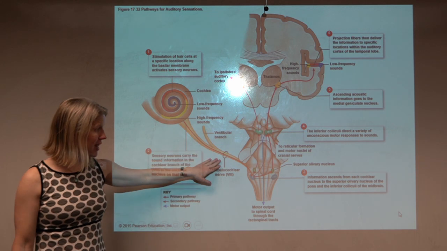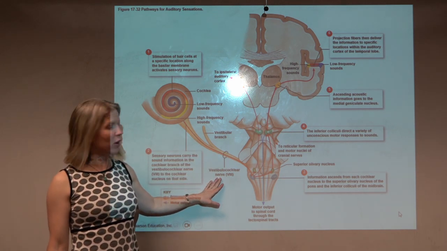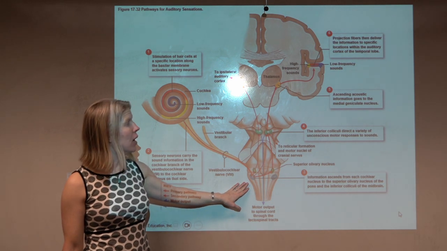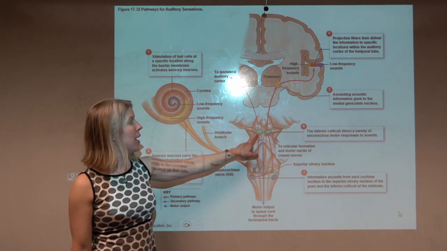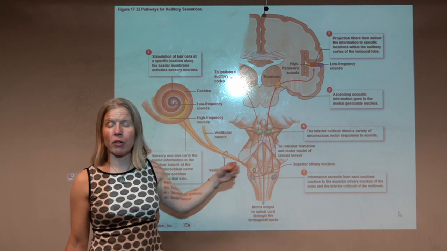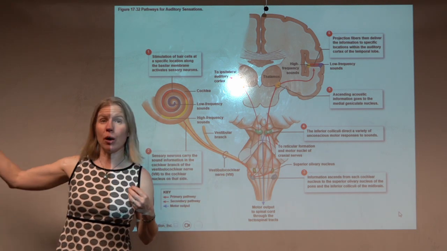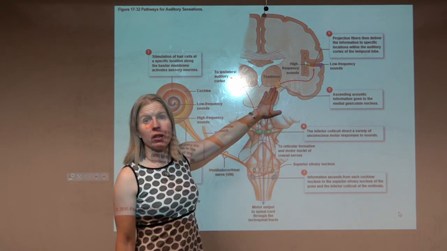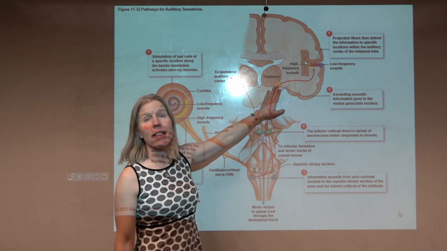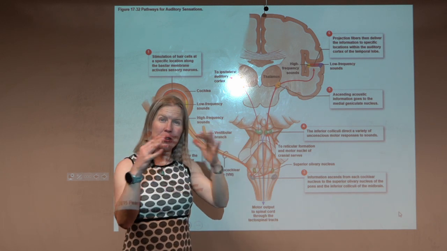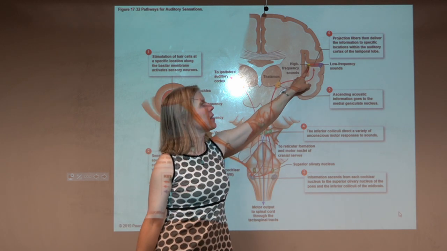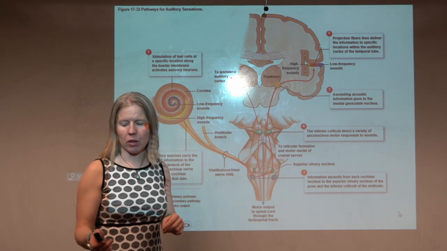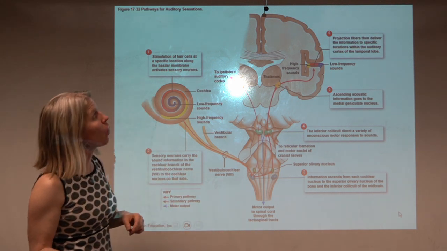That's going to carry sound on the vestibulocochlear nerve, that cochlear branch, right? And here we see the pathway where this is ending up. The inferior colliculi is part of that reflexive response to a loud sound, right? You're going to turn your head. We also see this information being passed to the thalamus, our sensory filter, who then passes it on to the cortex, the auditory cortex in the temporal lobe.